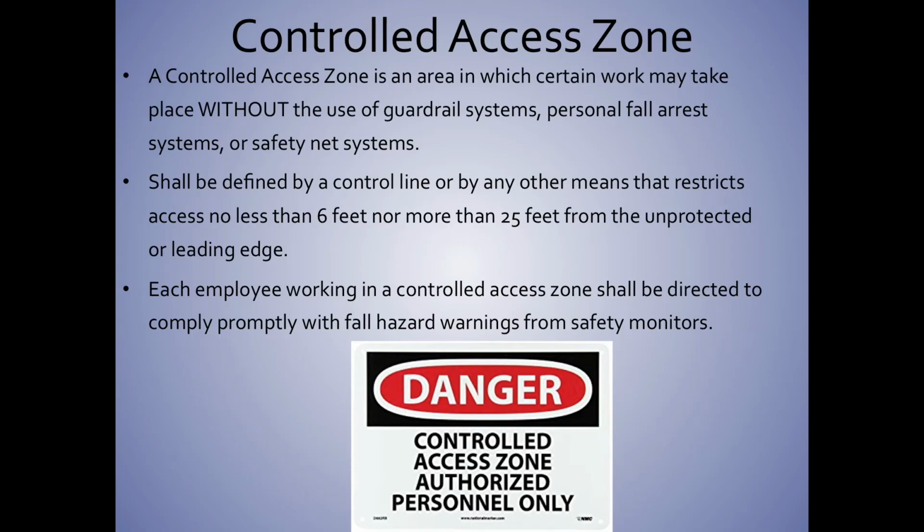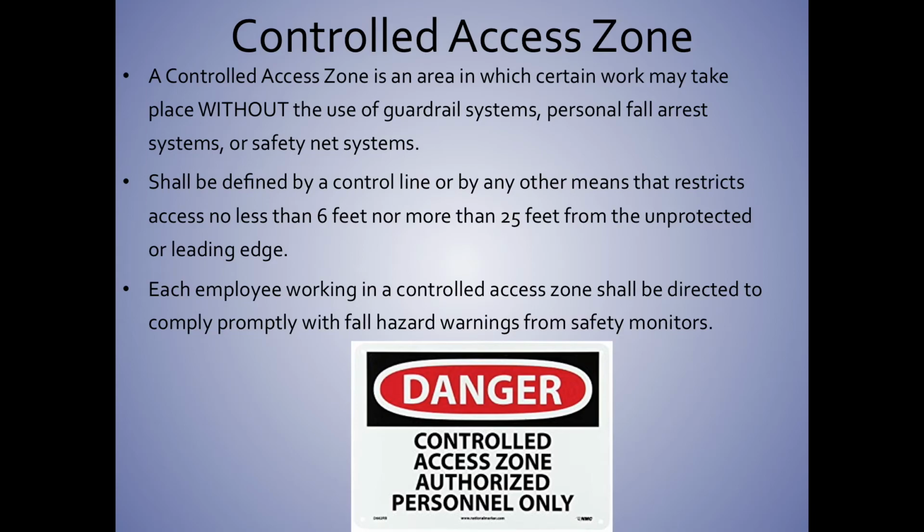Controlled access zones. A controlled access zone is an area in which certain work may take place without the use of guardrail systems, personal fall arrest, or safety net systems.